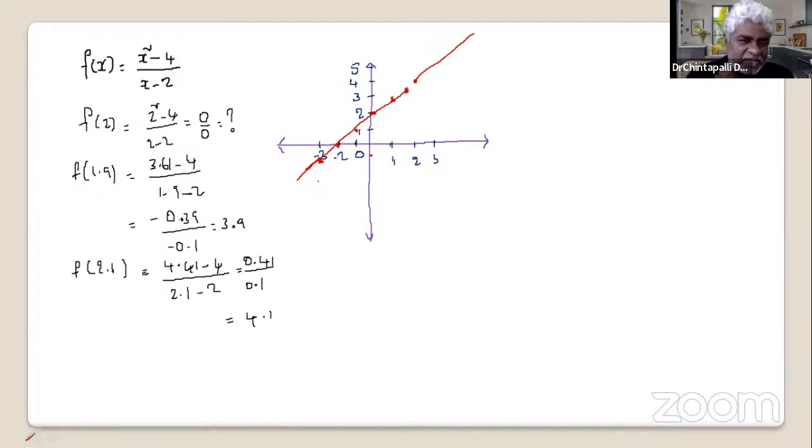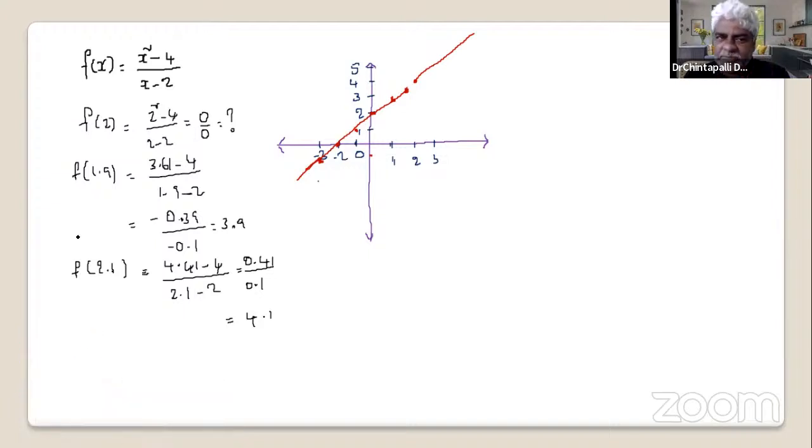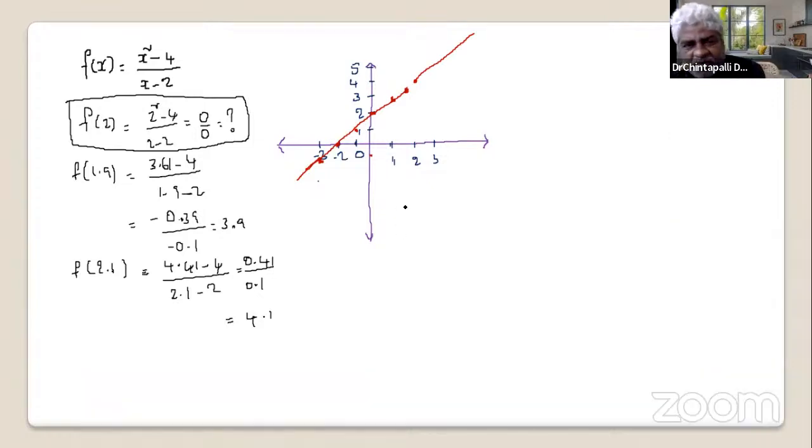So what is to be understood here? It's not possible for x equal to 2. It is possible for x equal to 1.9, for 2.1, for 1.99, 1.999. Everything is possible except 2.